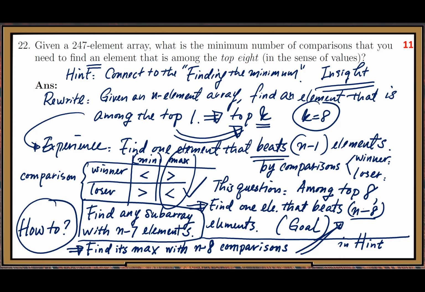The max of the subarray beats these many elements. So the answer is m-8, but the m is this 247 minus 8. That's the answer here.